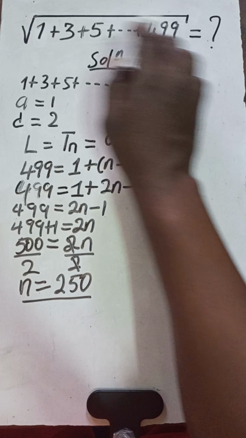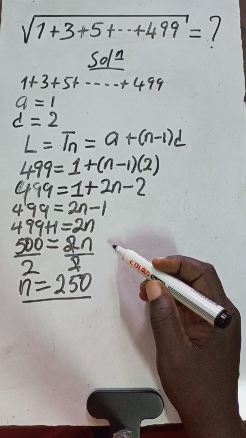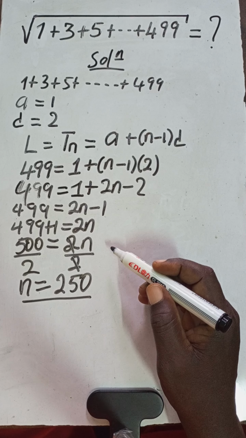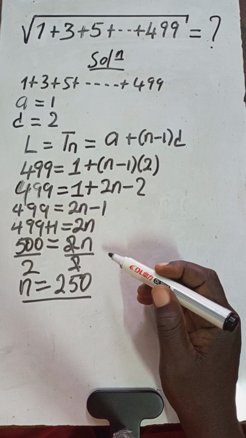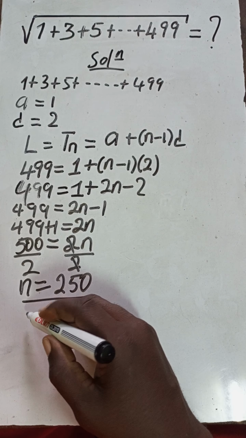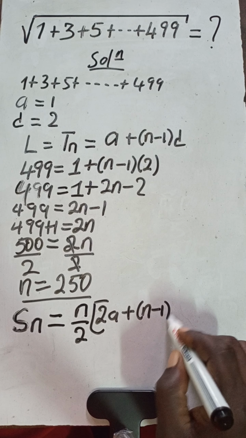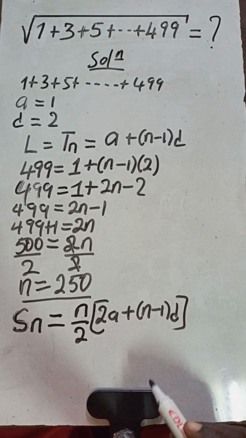Now we want to find the square root of that sum. Now that we know the number of terms that are there, the next thing that we'll have to look for will be the sum. We know the formula for the sum of an arithmetic progression. The formula Sn is n all over 2 into 2a plus n minus 1 d. All right?